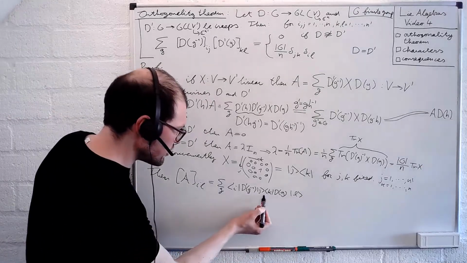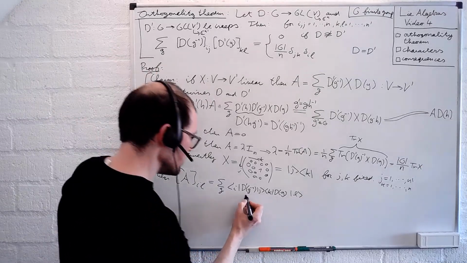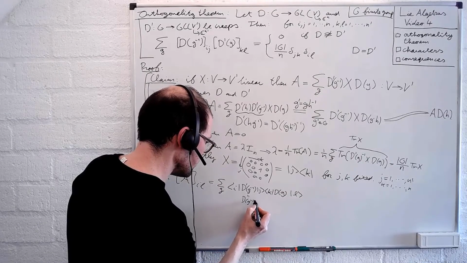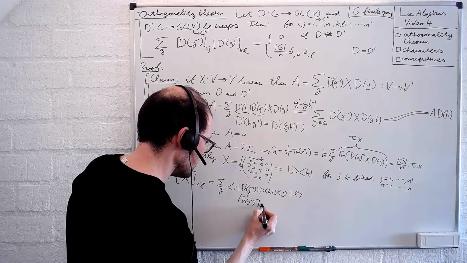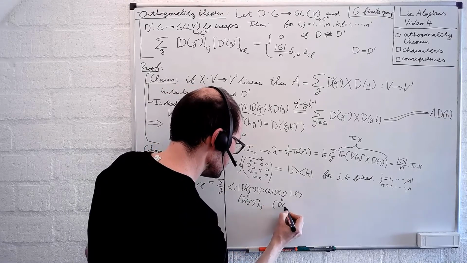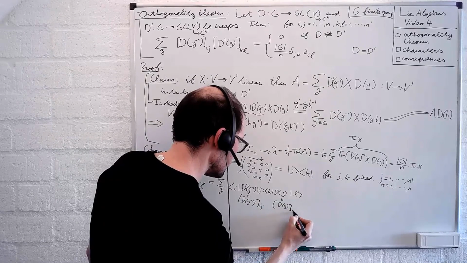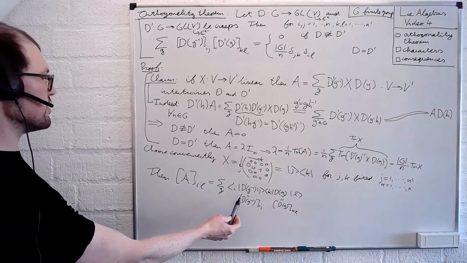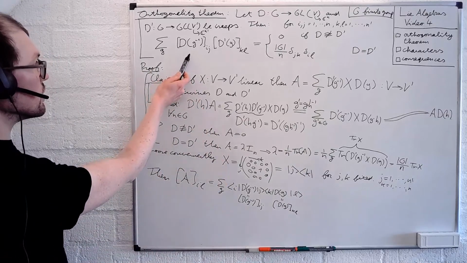But these are just the matrix elements. So this is just D G inverse IJ. And this is the D G K L matrix element.